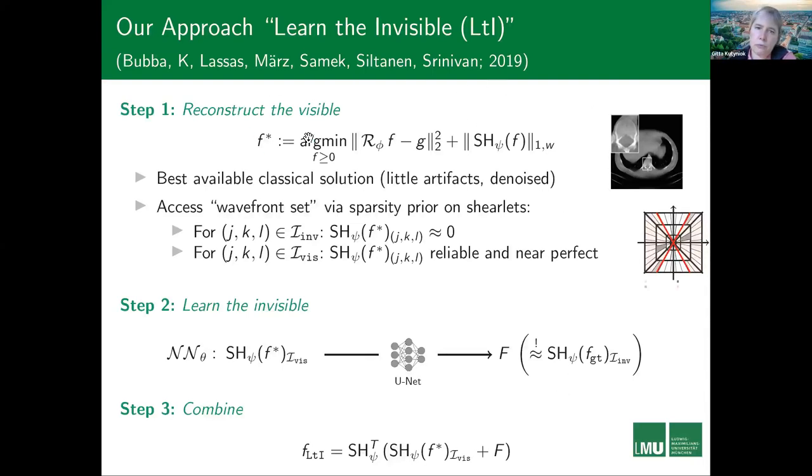So it follows exactly the philosophy I told you. First, we solve the classical problem. This is sparse regularization. You see here the operator, the Radon transform. These were the measurements which we have.